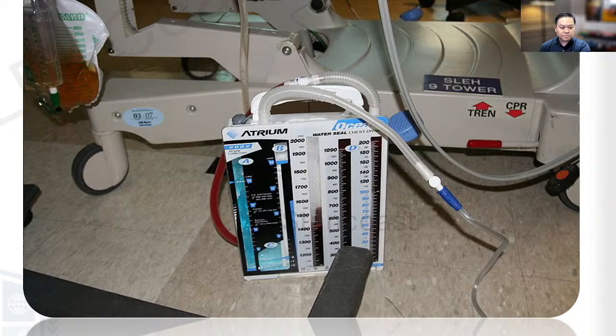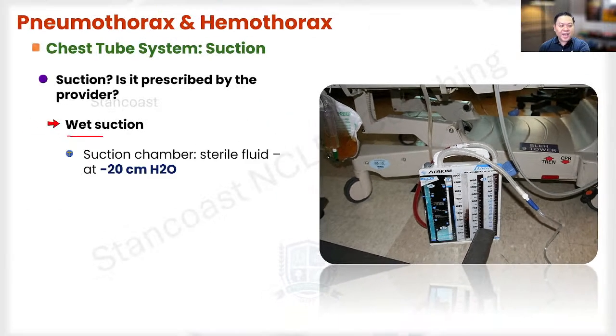So this is what we have as the wet suction. Now, if there is an order to maintain the suction, we're going to make sure that the suction chamber is instilled with sterile water at least to negative 20 centimeters. Okay, so that is our desired level, guys.